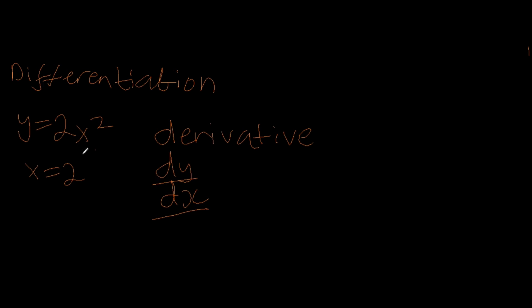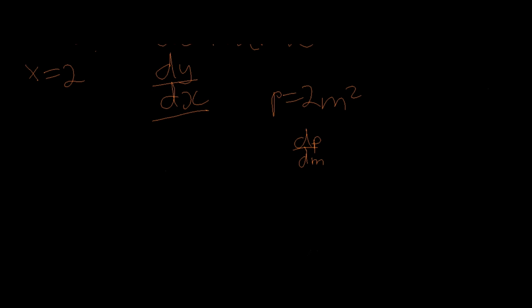This is dy dx. If the function was p is equal to 2m squared, then the derivative would be dp dm, instead of dy dx.